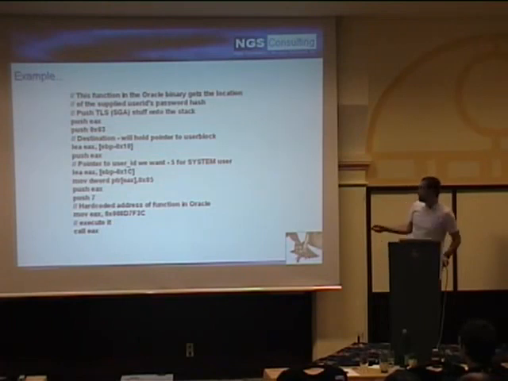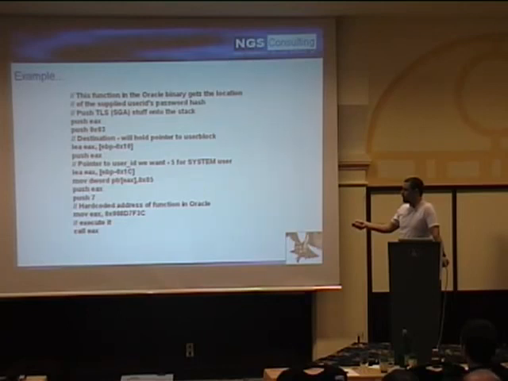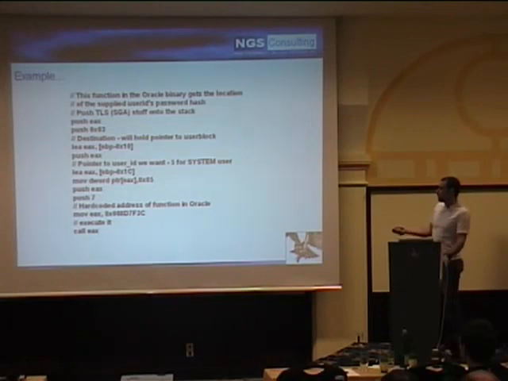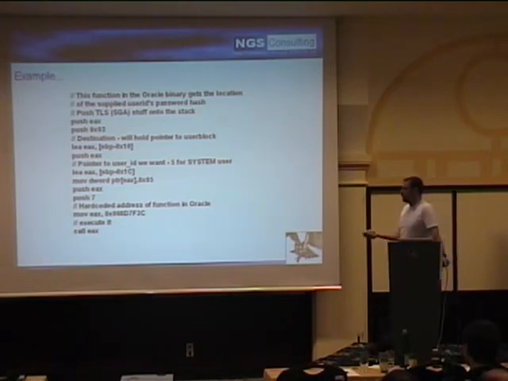Here, the user we're interested in is 5 for the system user. So we load into EAX the effective address of the base pointer plus 0x1C, and then we write 5 to that value, push EAX, push 7, move into EAX the address of the function we want to call. That's actually in the Oracle executable itself, and then we call it.